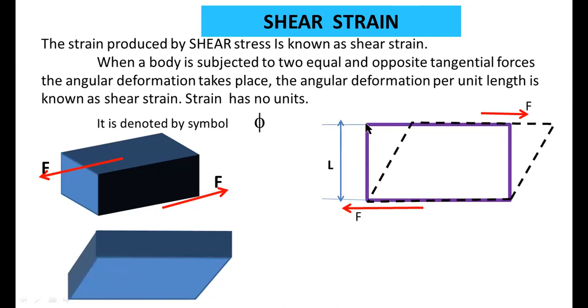This dark color indicates the original position. This dotted line indicates the deformed shape. Here the angle between the initial position and the deformed position is called angular strain. This is the angular strain. This is the linear strain.